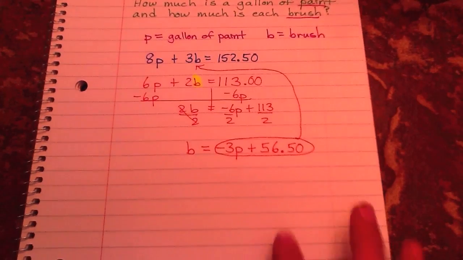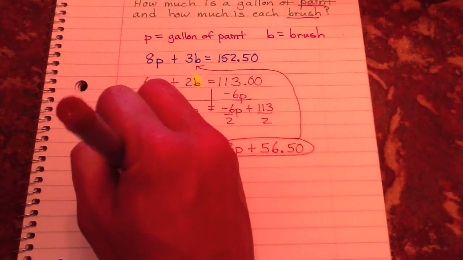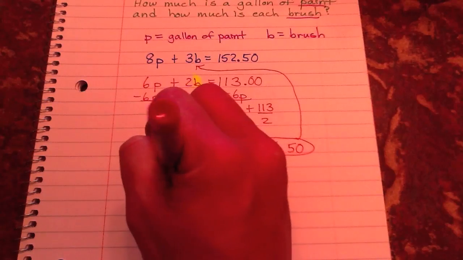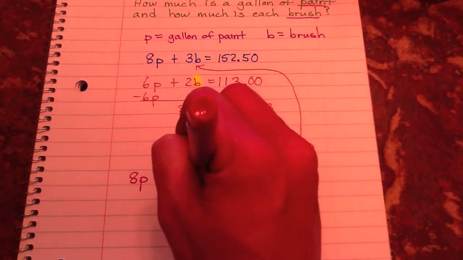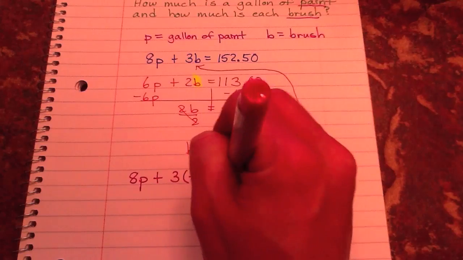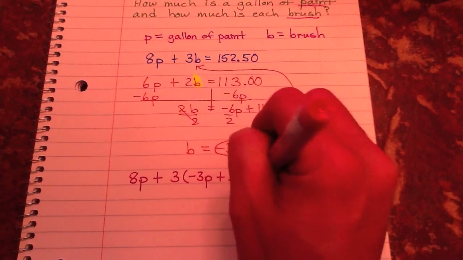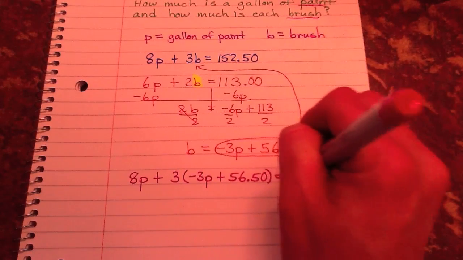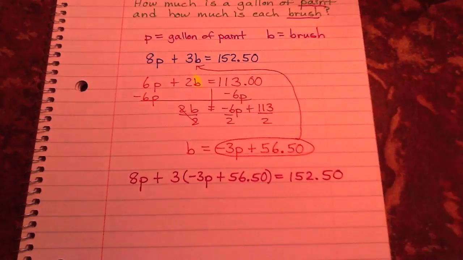So now I'm going to rewrite my equation. I have 8p plus 3, and instead of a b, I'm going to put negative 3p plus 56.50 equals 152.50.